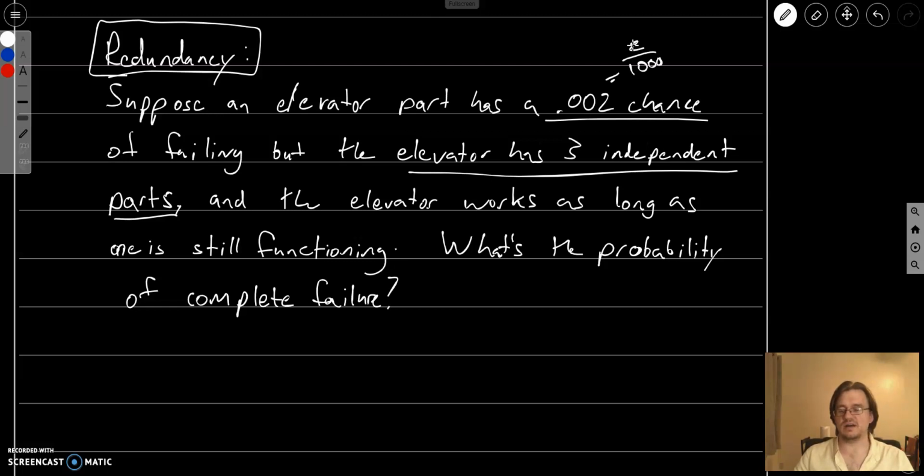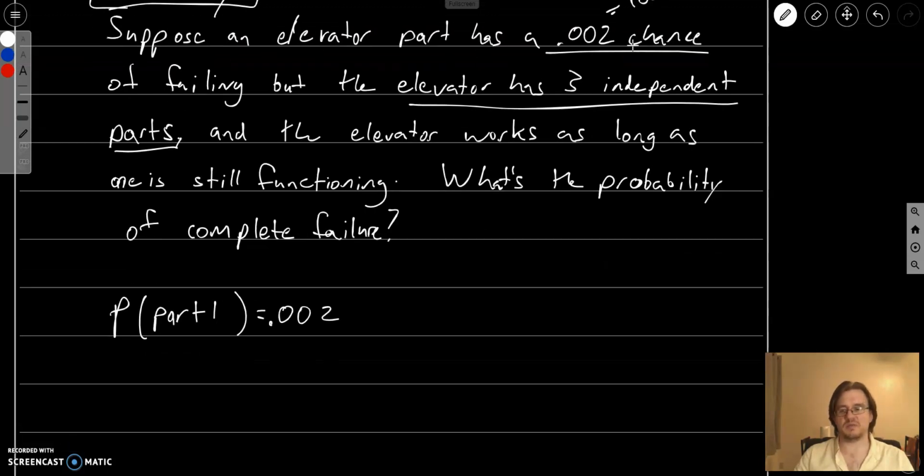Well, because they're independent, we can calculate these probabilities pretty easily. So the probability that, let's say, part 1 fails, is going to be 0.002. The probability that part 2 fails, given that part 1 failed, is still 0.002.